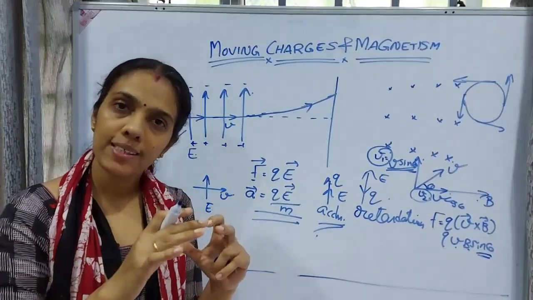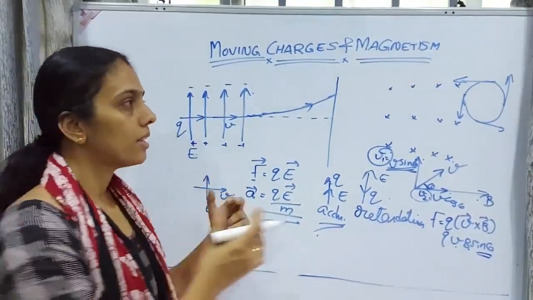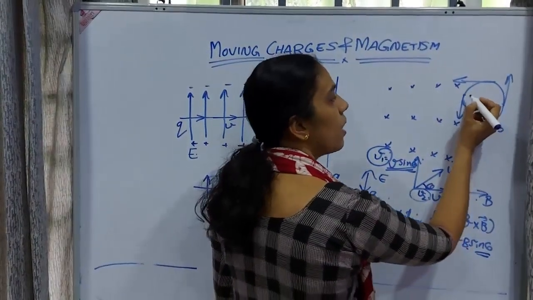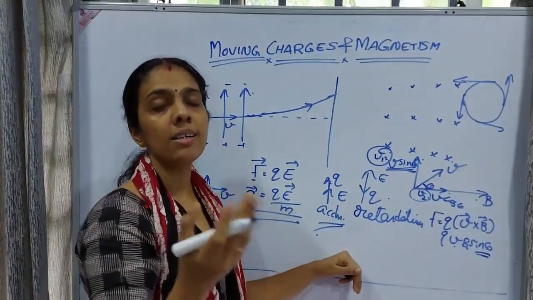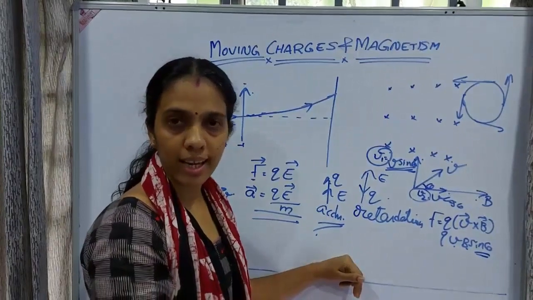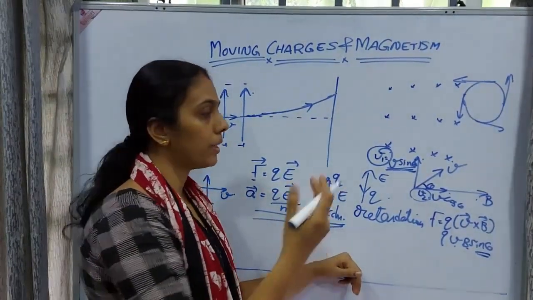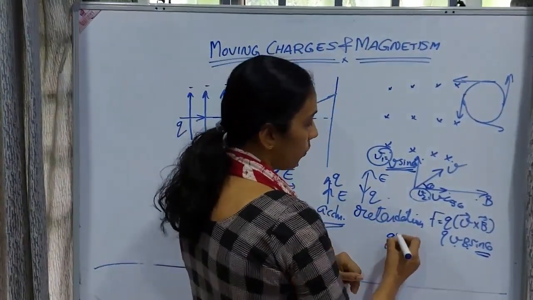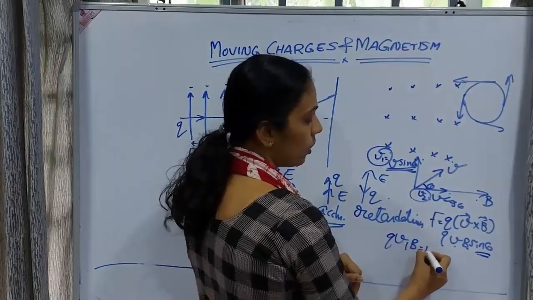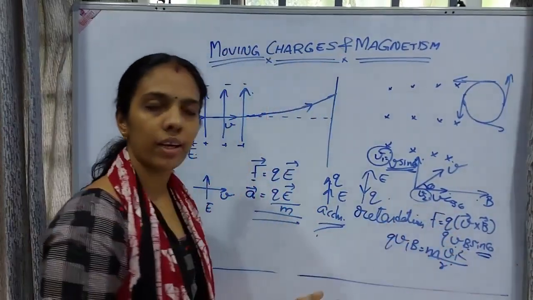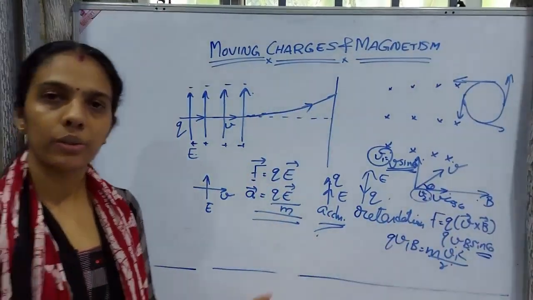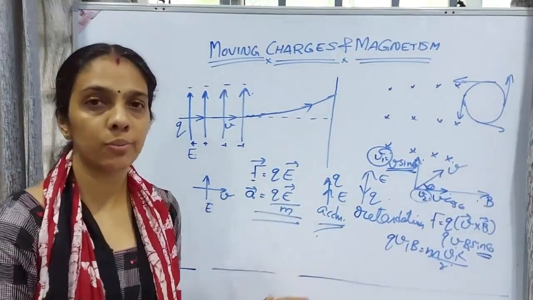When a particle is moving in a circular path, it will be balanced with a centripetal force. So mv square by r, we can equate: QV1B is equal to mv square by r. This formula we can substitute and find out the value of B and R. That is the derivation part, that one we don't want.